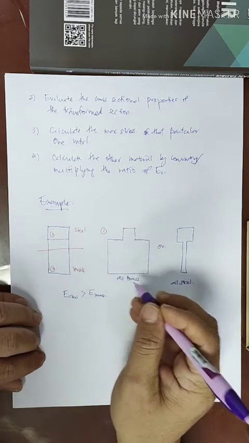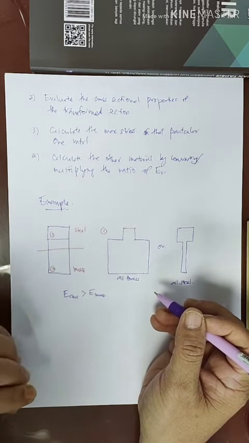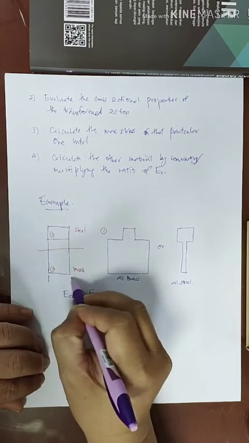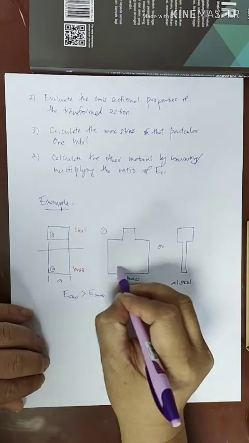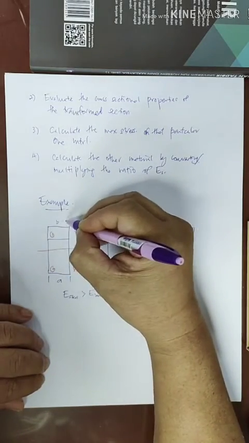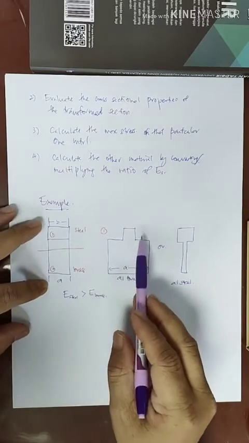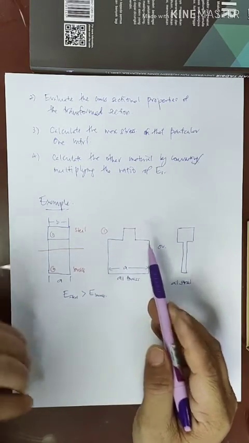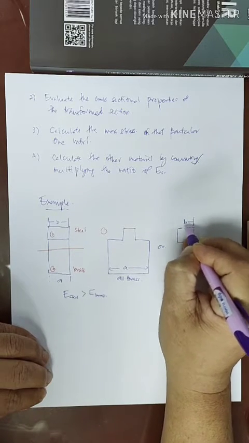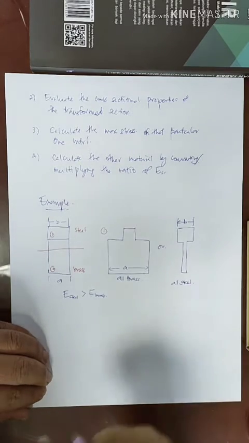Okay, I should draw a proper dimension then. This is A, this is B. So when you fix all brass, the steel shrinks, or if you fix B, the A will shrink.